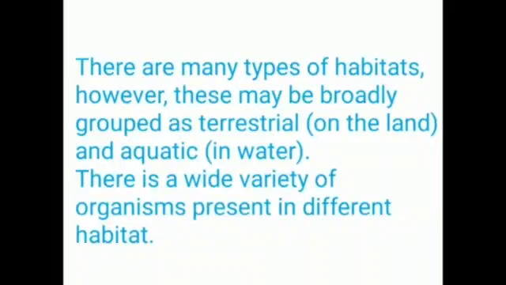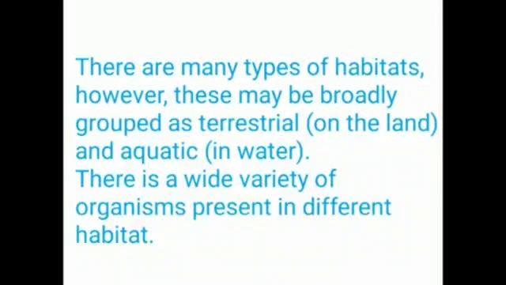In both types of habitat, a wide variety of organisms is present. In terrestrial habitats, many types of plants and animals are there: different in forest, different in desert areas, different in mountain areas.